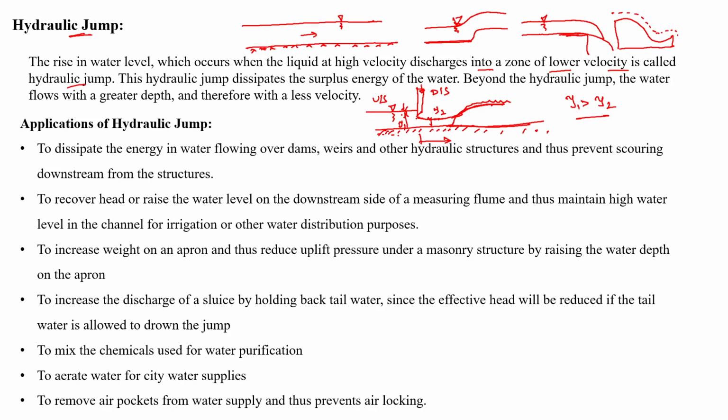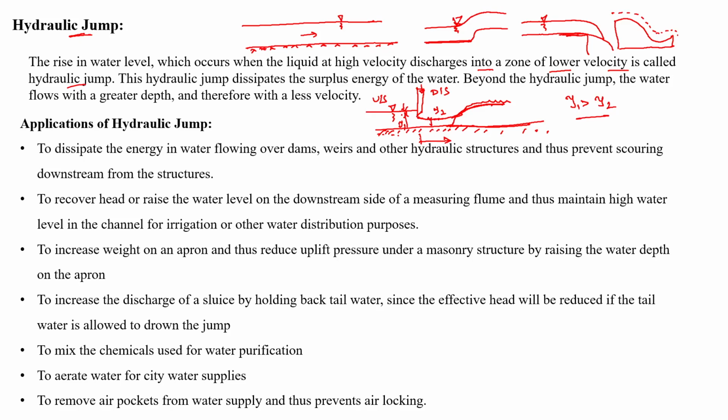When you apply a sluice gate here, we are making the water rush. When the water rushes through this narrow region, the depth is small, so the velocity will be more. Here the flow condition can be considered a supercritical flow.